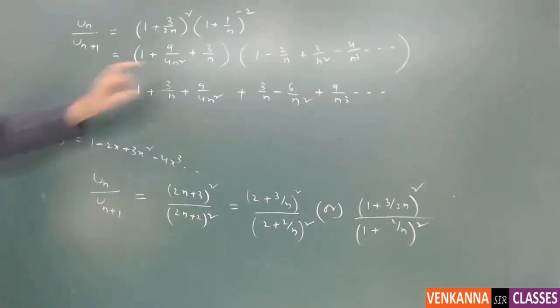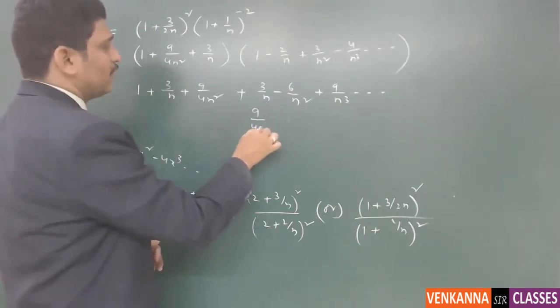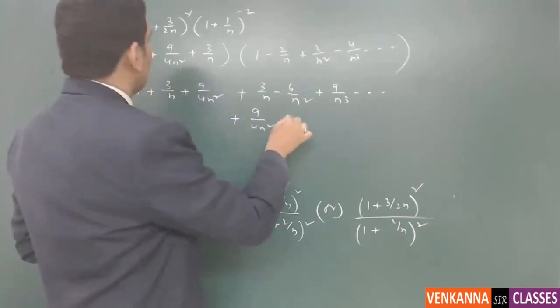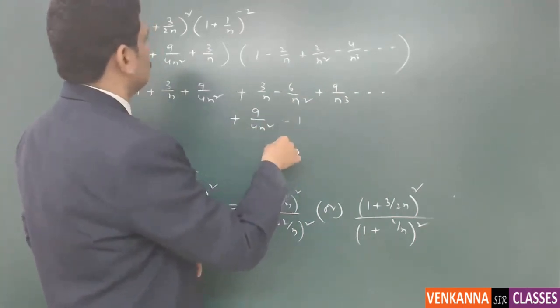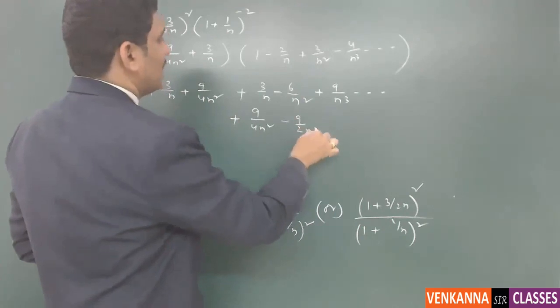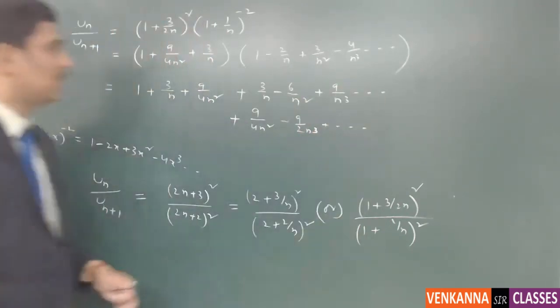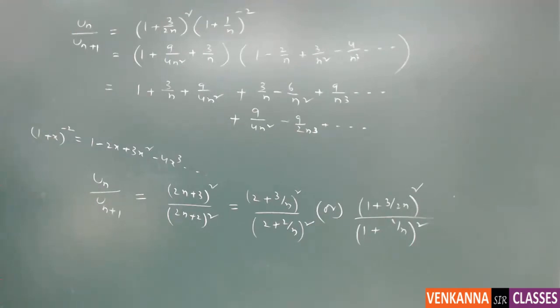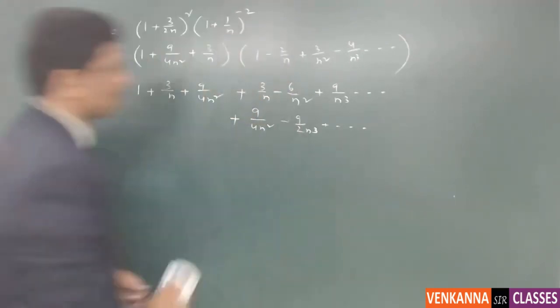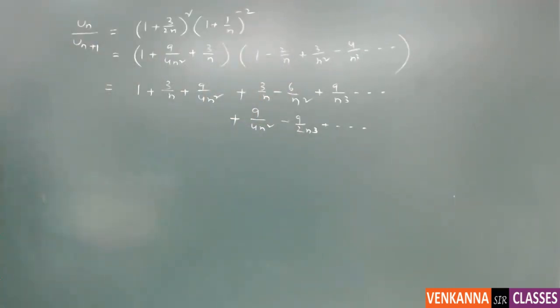If you multiply with 9 by 4n square, it is going to take it as 9 by 4n square minus 9 by 2n cube and so on. Please check on that. Any questions there?